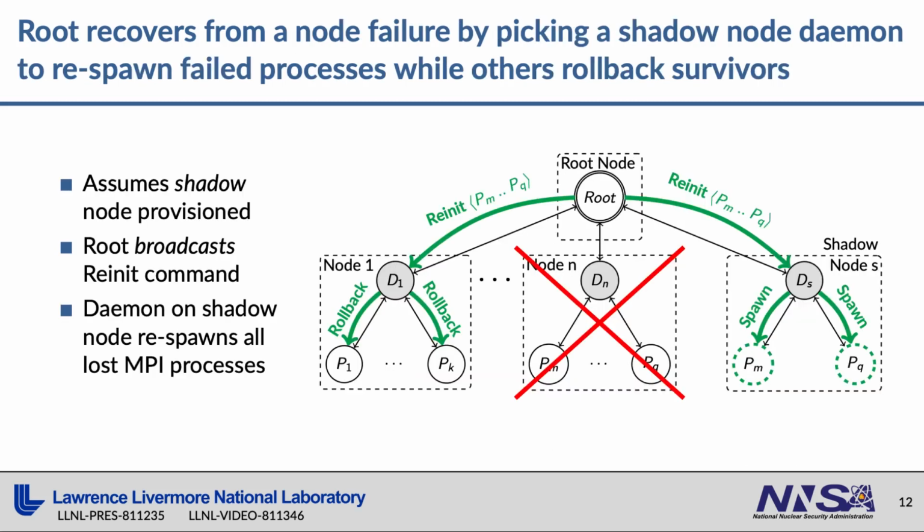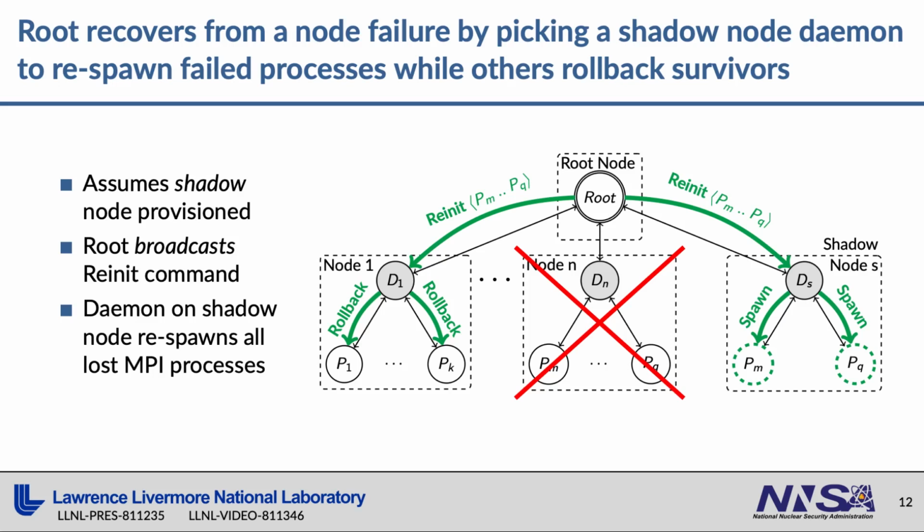Recovering from node failures is similar. The difference is that the deployment of Reinit++ assumes that shadow nodes are provisioned that are able to replace any node failures. In the case that the root process detects a node failure, it broadcasts again a reinit command that includes as payload the identifiers of all the MPI processes that have been lost due to the node failure.